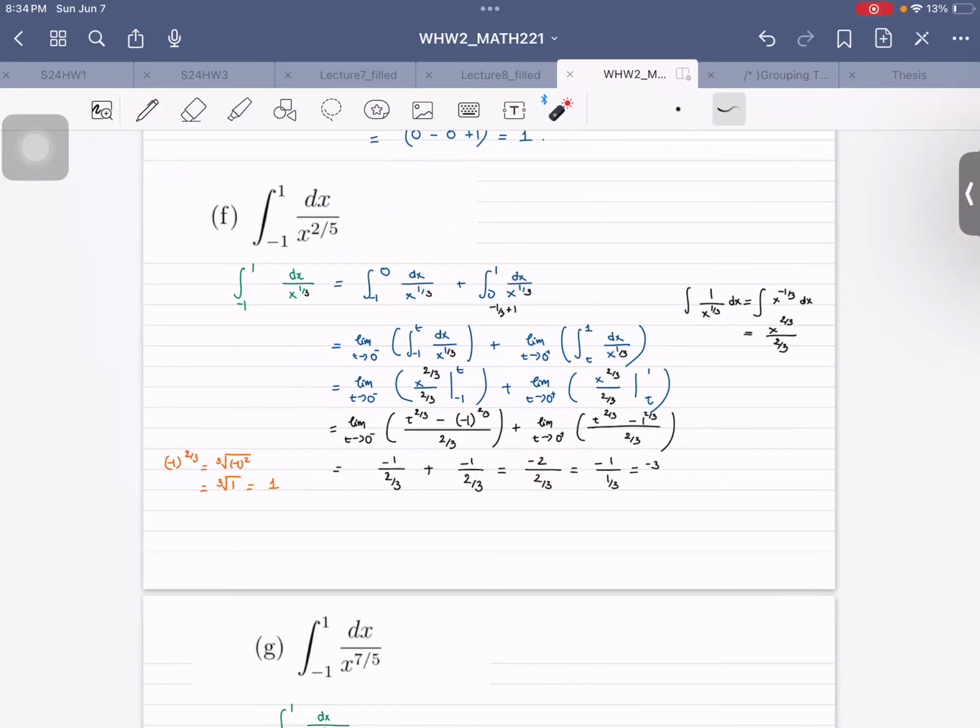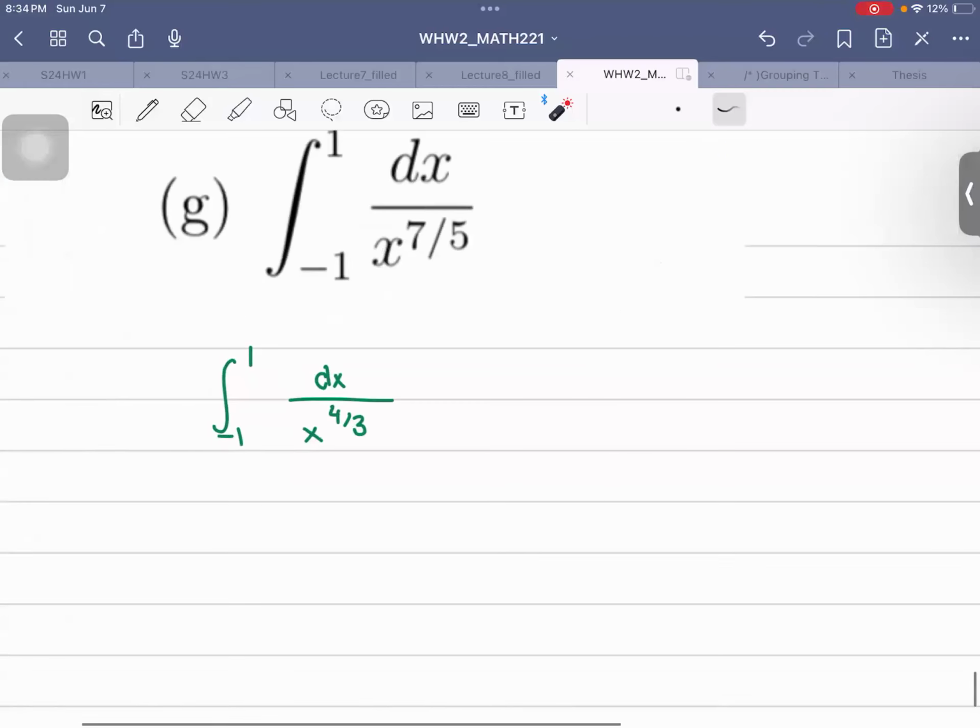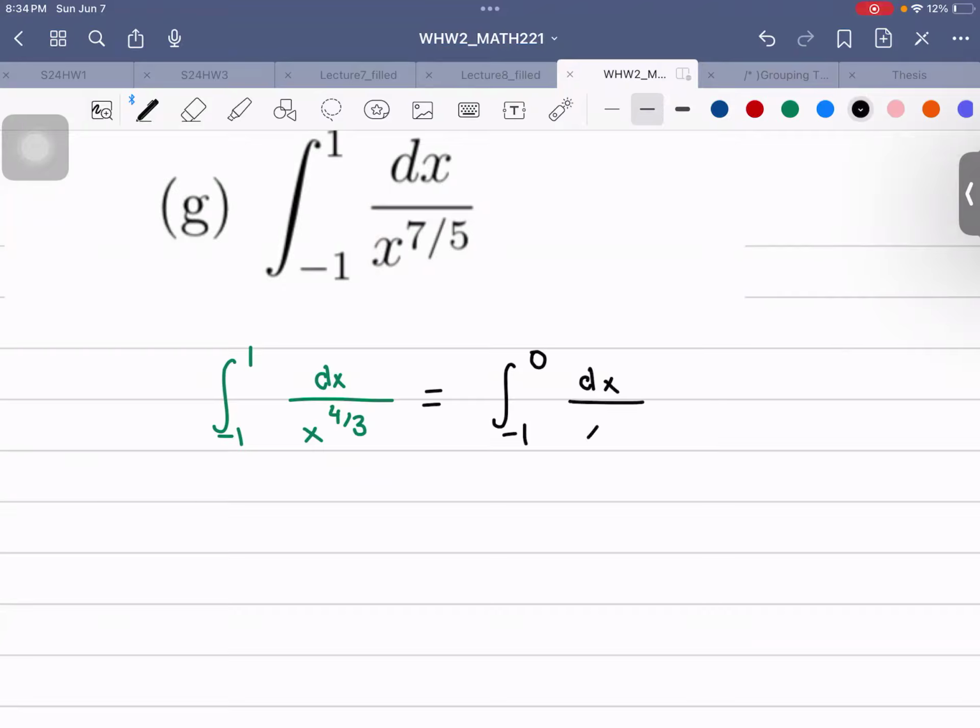Okay, how about the last one? For the last one, again, your function has a vertical asymptote at 0, so you have to split it at 0. So the integral from negative 1 to 0 of dx over x^(4/3), plus the integral from 0 to 1 of dx over x^(4/3).